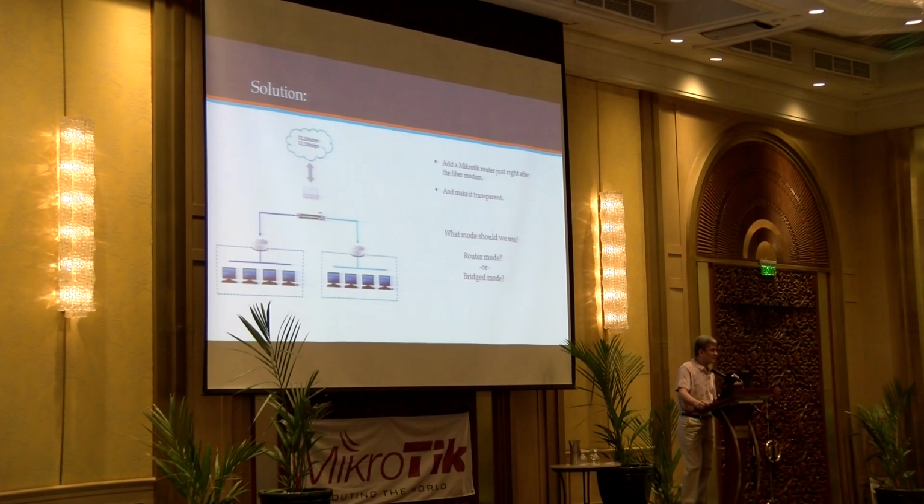Bridge mode, right? If you do a bridge mode, how can you control the bandwidth? Remember, one of the requirements is not to change anything on the network. So if you do a bridge mode, okay, you can no longer control the bandwidth because now all the IP addresses belong to the client, to the other remote router, okay?